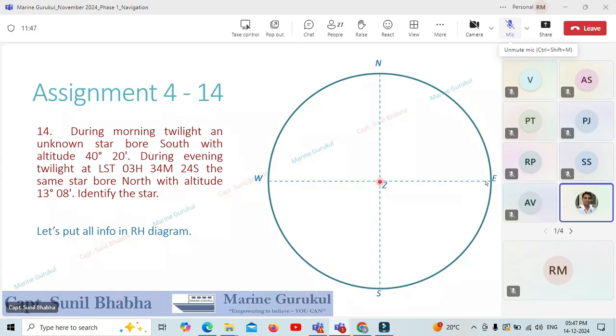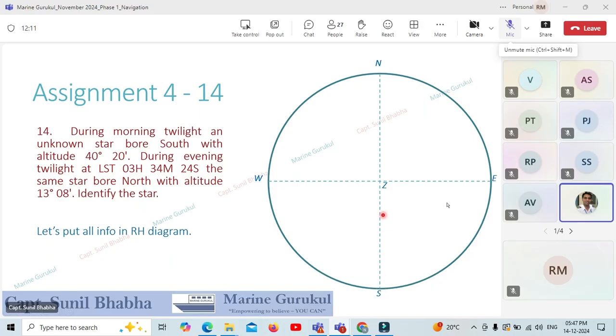The point Z is the zenith of the observer with altitude 90. So our star was bearing south, which means it has to be somewhere on this line ZS. The star bore south with an altitude of 40 degrees 20 minutes.